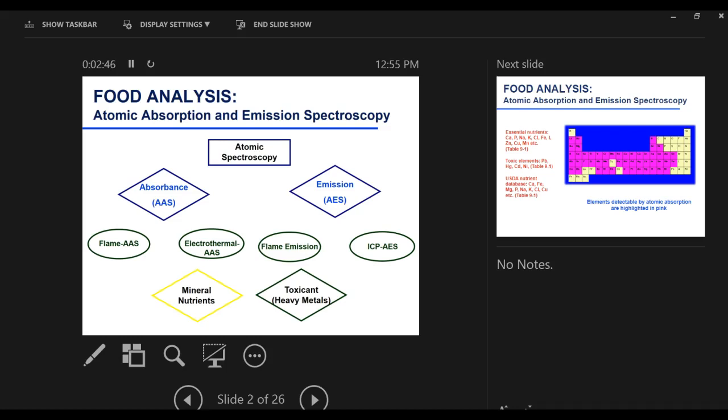So, at the emission, there is flame emission. It's not very commonly used. It's used for select elements like sodium and potassium. Those atoms or elements that ionize at low energy can be determined by flame emission spectroscopy. But the most common, or more common, technique is the inductively coupled plasma atomic emission spectroscopy.